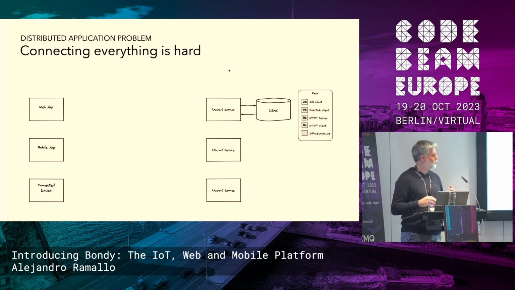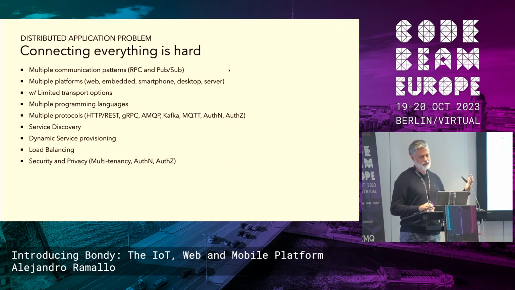And the way it was going when we started with Bondy like 5 or 6 years ago was something like this. We need to use multiple communication patterns, right? We need to use RPC and PubSub. We need to support multiple platforms up to the point that you might need to run some software embedded in a device. There are some limitations in transport options that you might have.